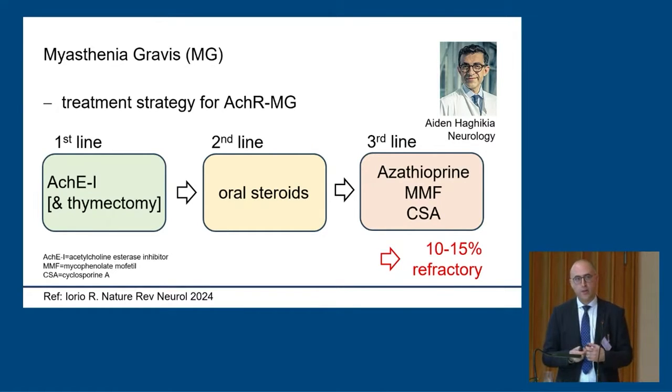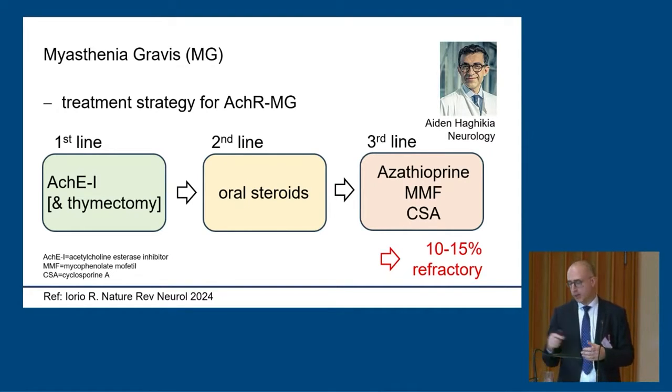You can also perform a thymectomy. This is normally the case for early onset MG and in younger patients, because it's known to be associated with thymic hyperplasia or thymoma, and you can really find B cells infiltrating the thymus, producing the autoantibodies and forming tertiary lymphoid structures.